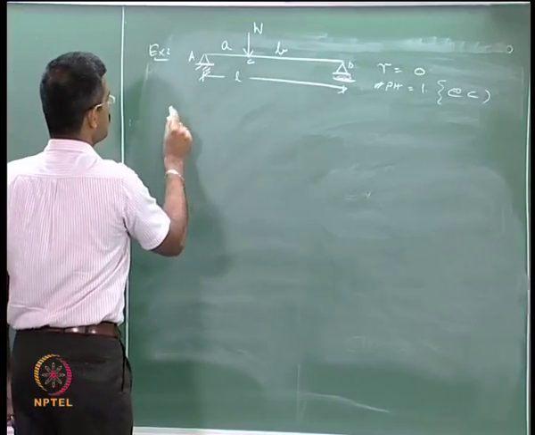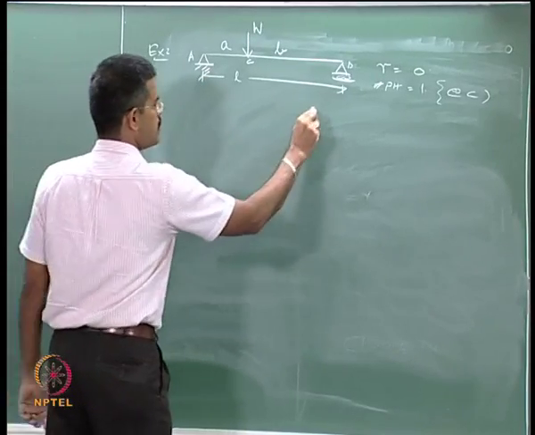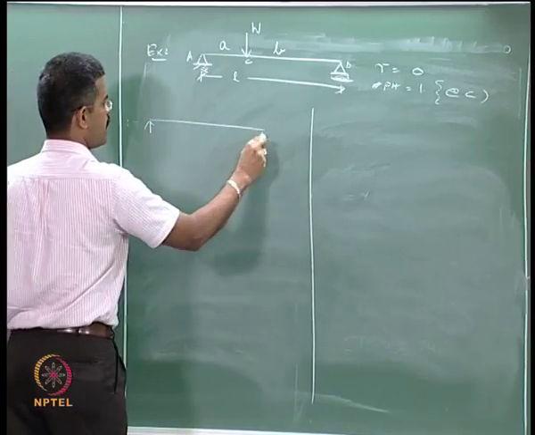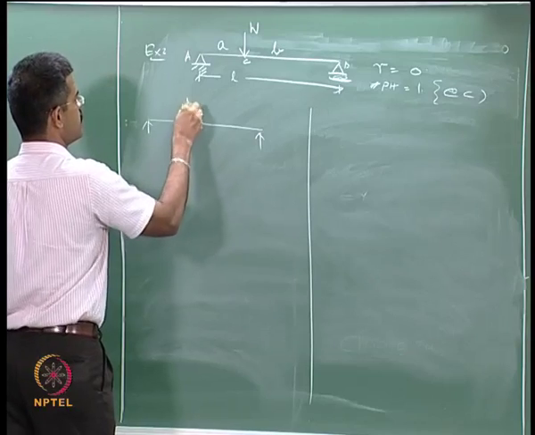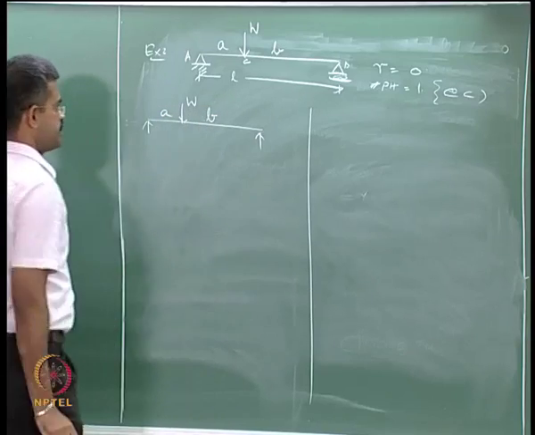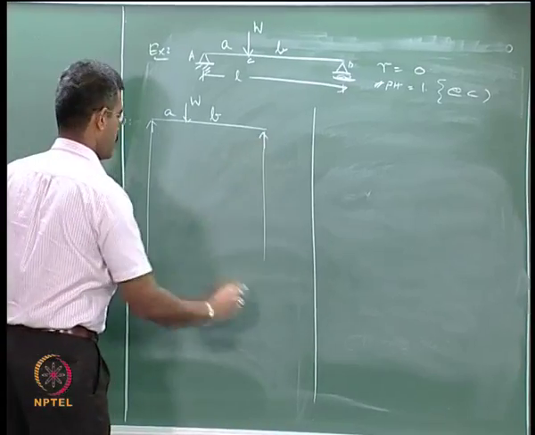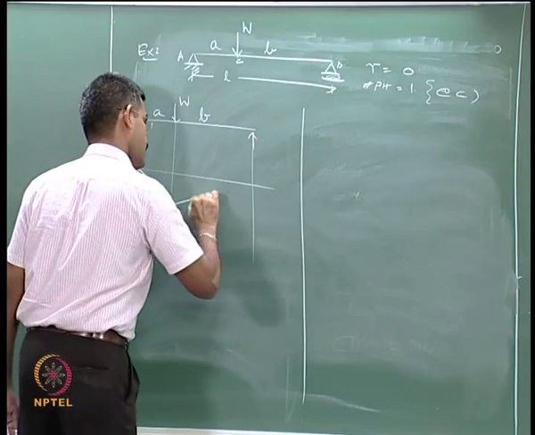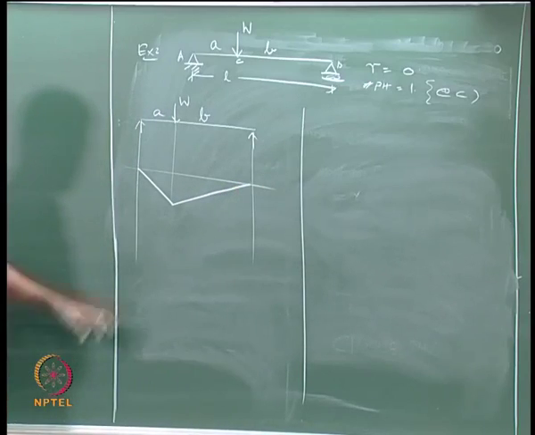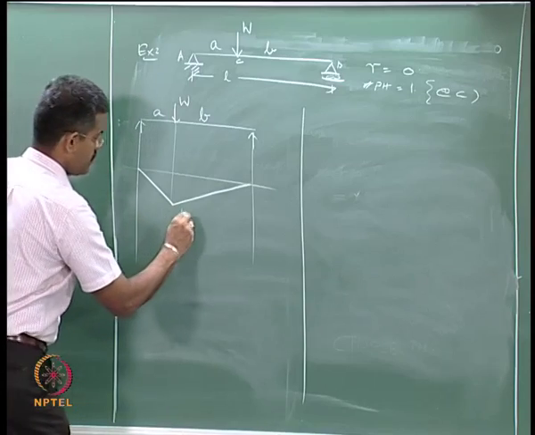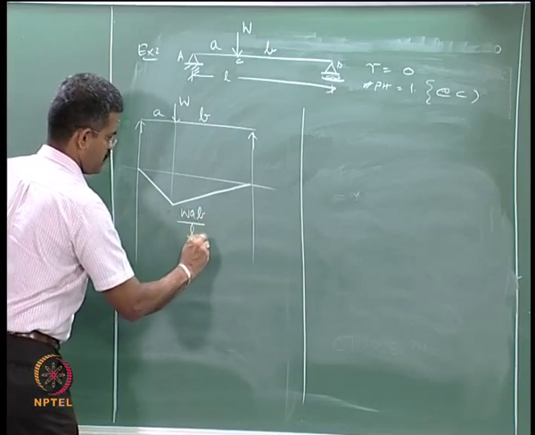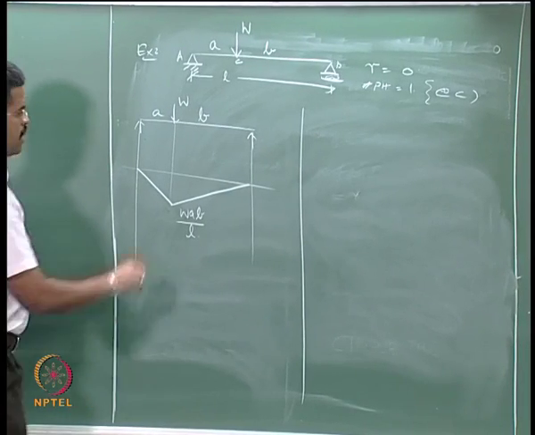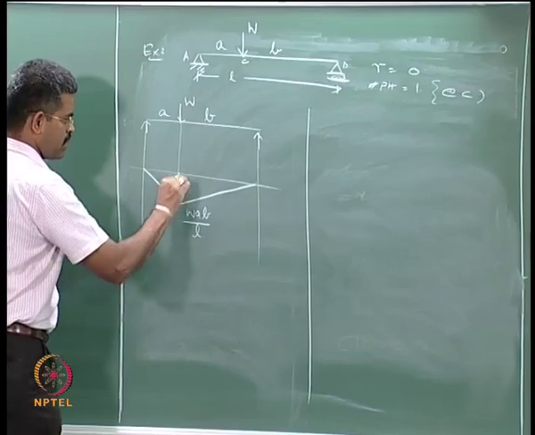So let me draw the bending moment diagram for this. So this is going to be a bending moment diagram. What is the value here? WAB by L. And I know that this is going to be the section where the bending moment is maximum.